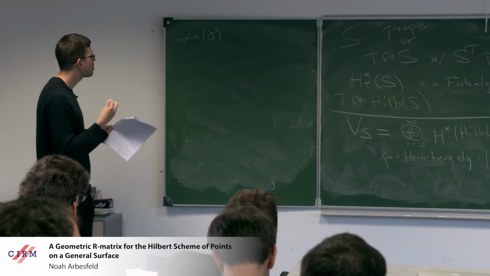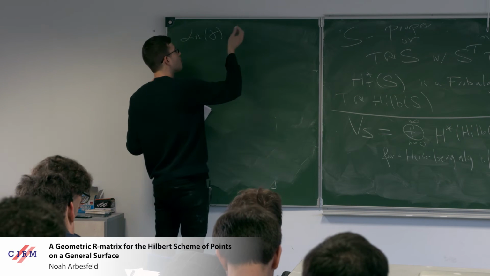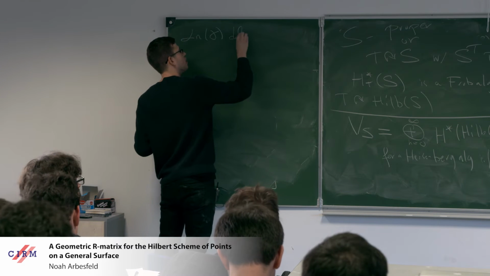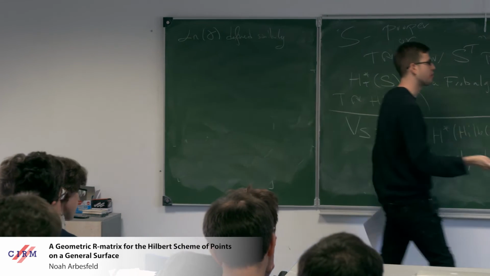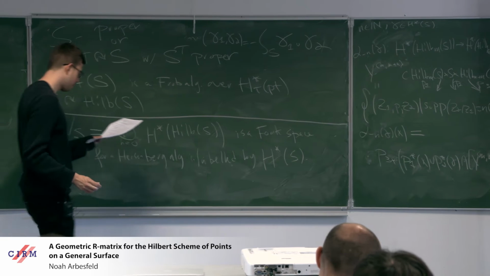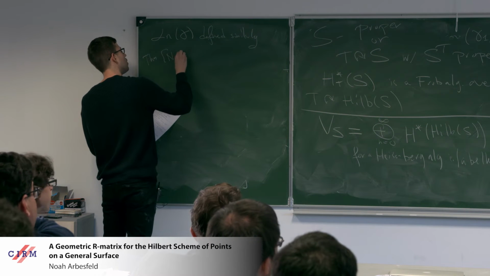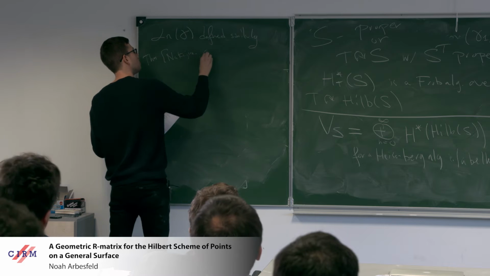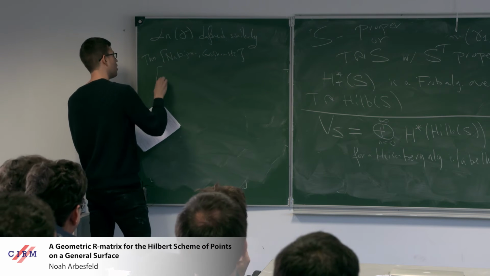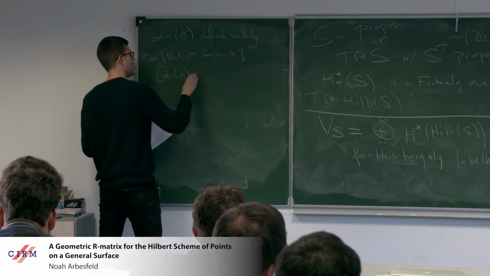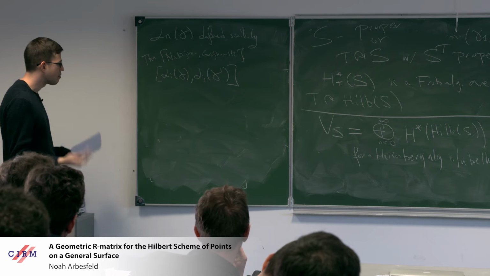And for positive n, I can define, using an essentially similar construction, or by taking the adjoint operators to these. And it's a theorem of Nakajima and Grojnowski that these operators form a Heisenberg algebra.